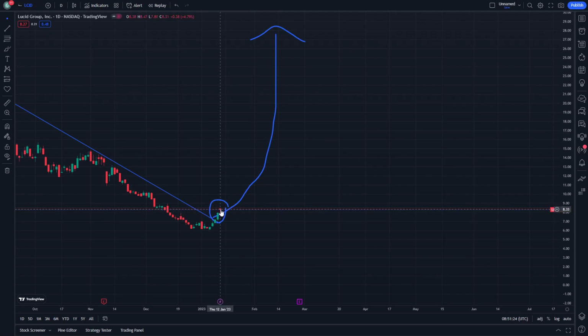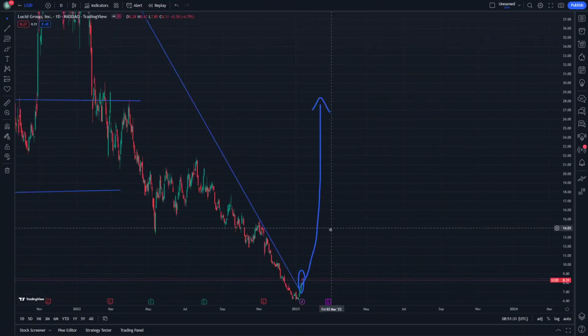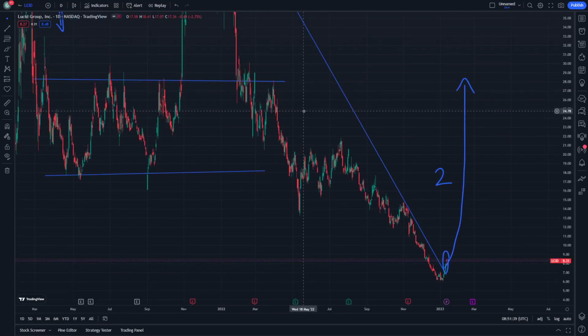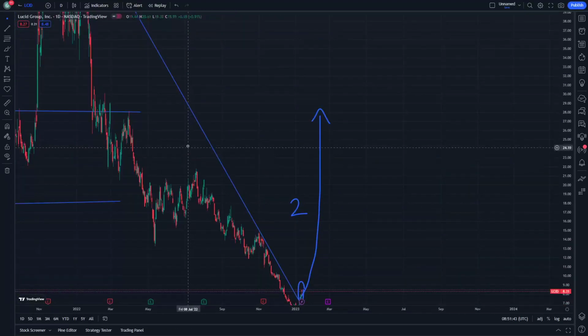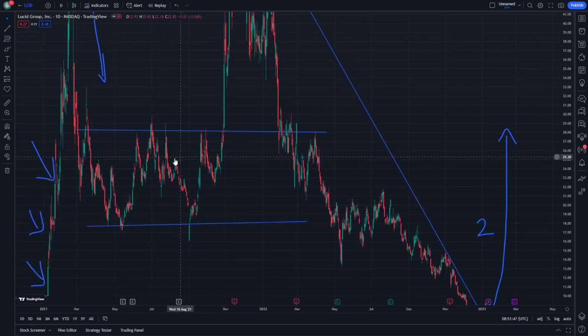So it's now incomplete. So that is what I can say about the reason for this spike as the second price prediction. That is what I think, in my opinion, about Lucid stock movements and actions that may happen in this form.